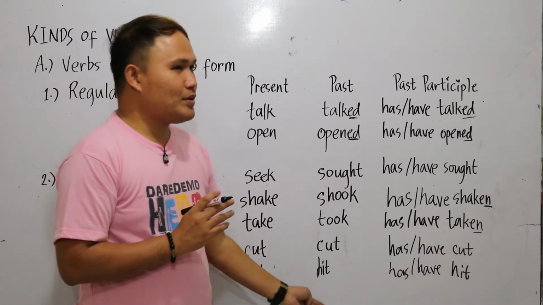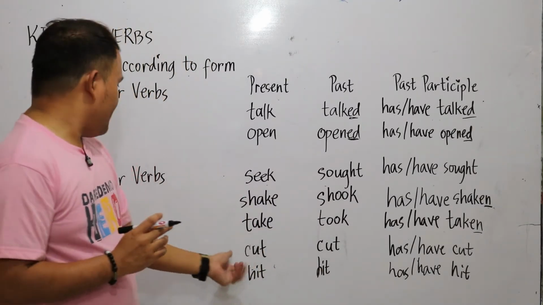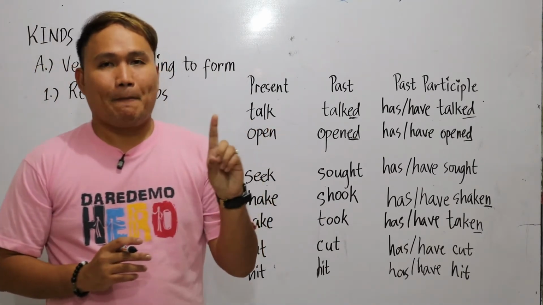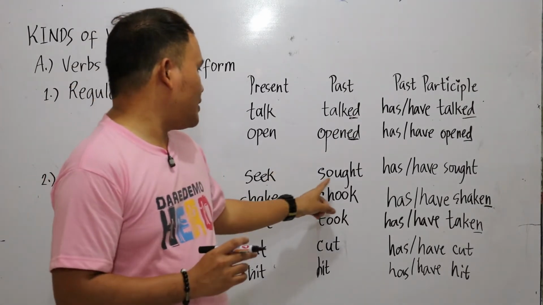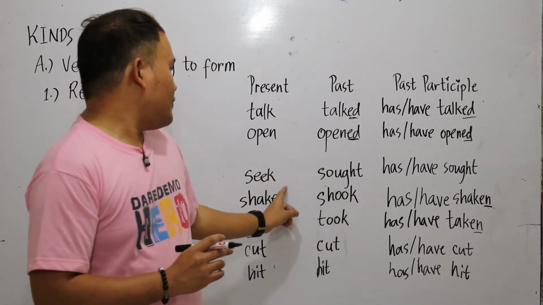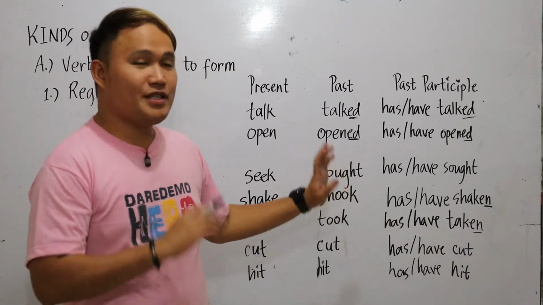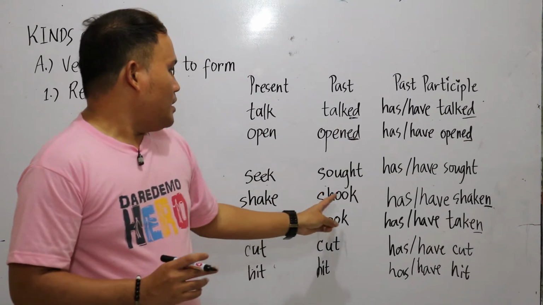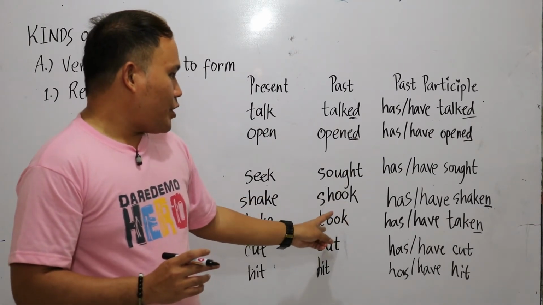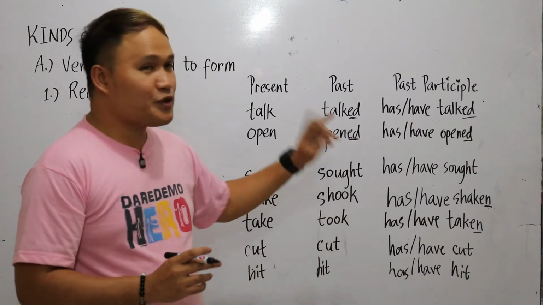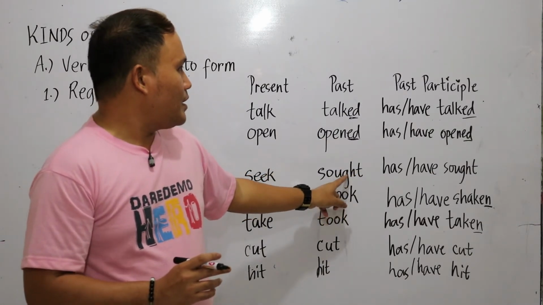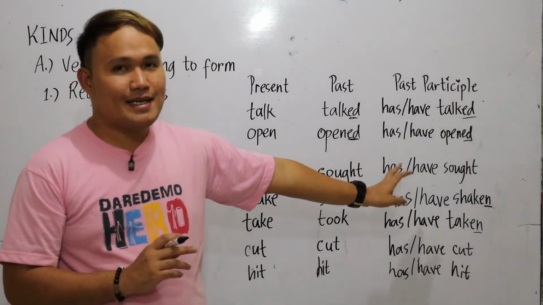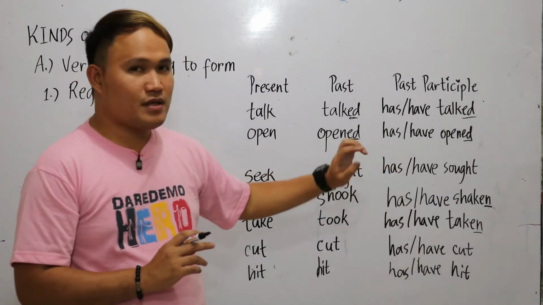So these are examples of irregular verbs. Okay? So there are three ways again. First one is the past form of the verb is still the same with the past participle, but you just have to add auxiliary has or have, depending on the subject.